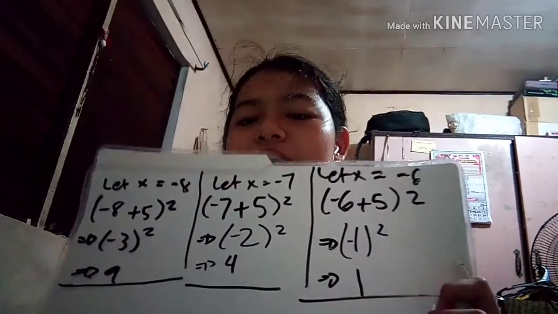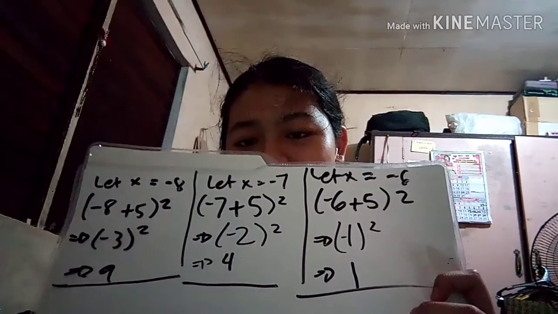Alright. Let x equal to negative 6. Okay, negative 6 plus 5 squared. Negative 6 plus 5 is going to be negative 1 squared. Now, negative 1 squared, that's just going to be 1. Look at that. Really easy.